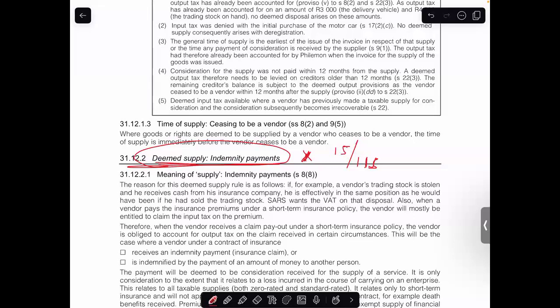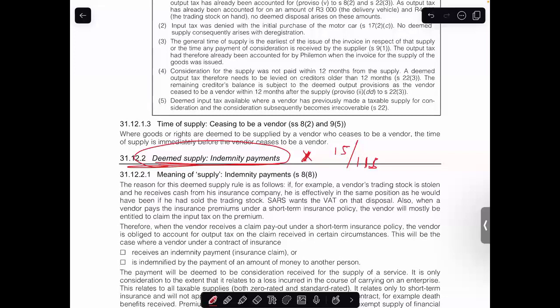That's the first rule which you need to know about this deemed supply. It's not a normal supply according to the section 7.1 definition. It is a deemed supply, meaning it's a special supply where we calculate VAT output at 15 over 115. Why? Because what we receive from the insurance company is inclusive of VAT.